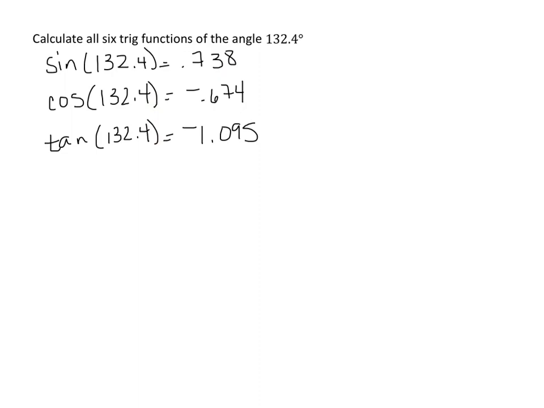For the other three trig functions, remember we're going to have to take the reciprocal. So cosecant means that what I'll put into my calculator is 1 divided by the sine of 132.4.